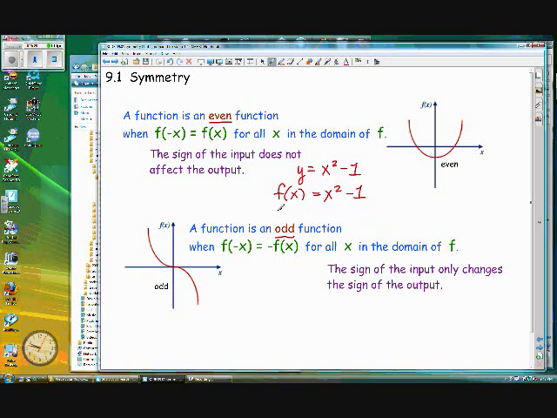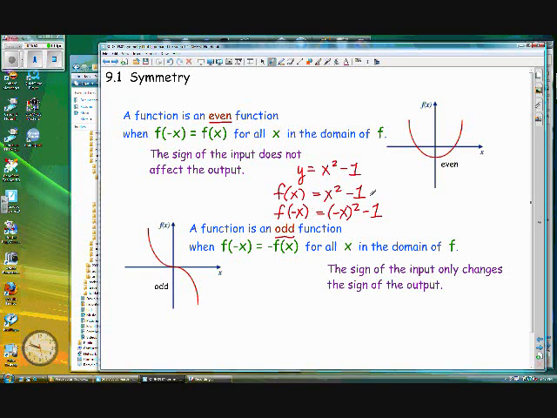If I want to do function f with an input of negative x, I'm going to have negative x squared minus 1. And we know from the many times we have done this that this is equivalent.